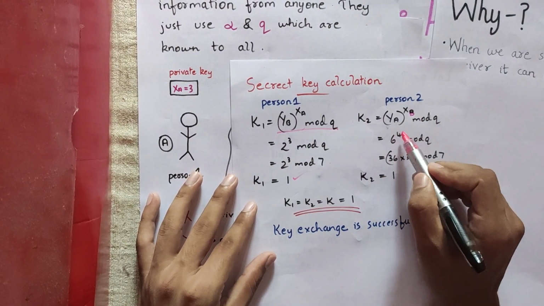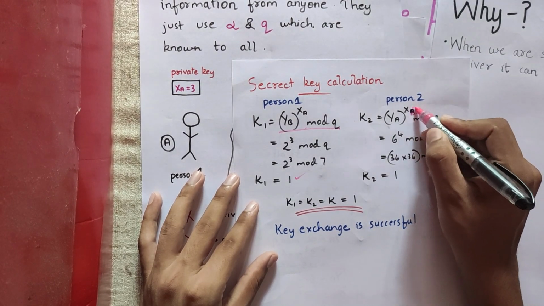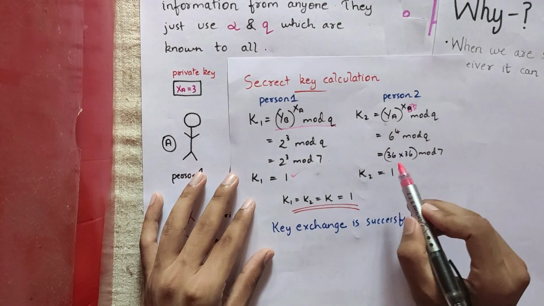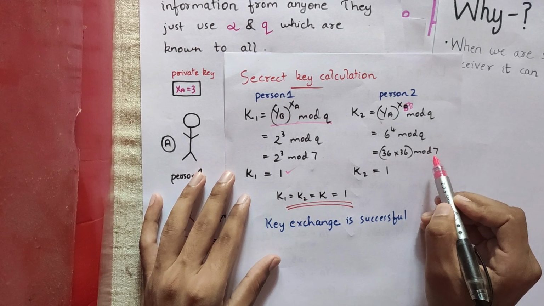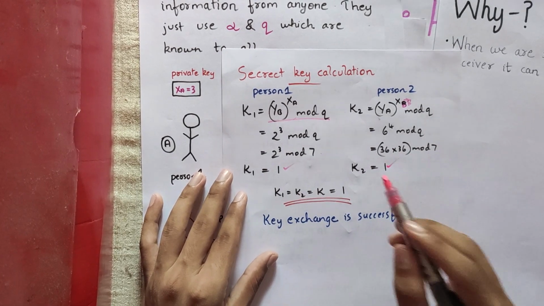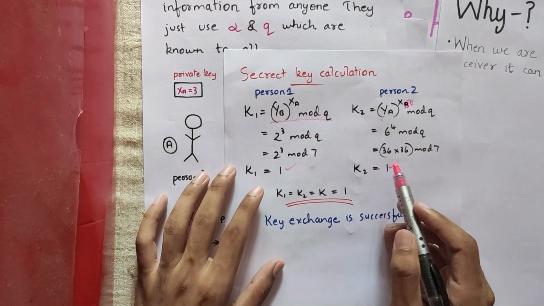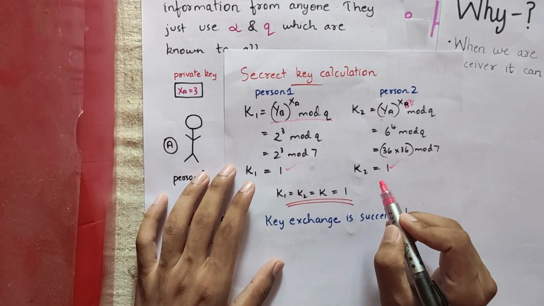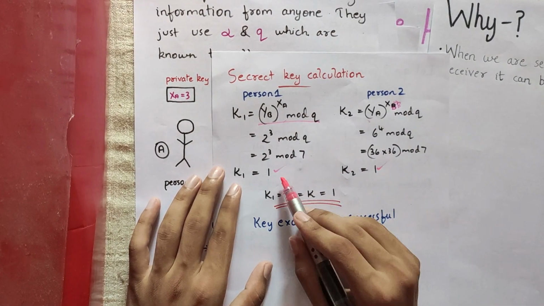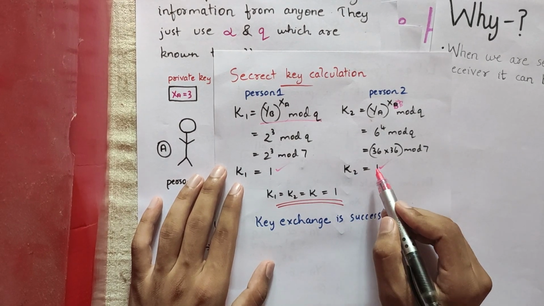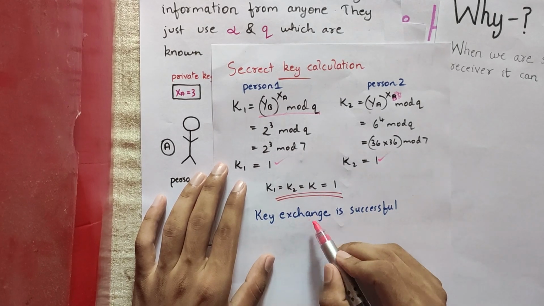That is 6 raised to 4 mod Q, that is 6 into 6 into 6 into 6, that is 36 into 36 mod 7, which is also 1. So both of the keys are the same, and the secret key is 1. Both of them get the secret key. As the keys are equal and the condition is satisfied, the key exchange is successful.